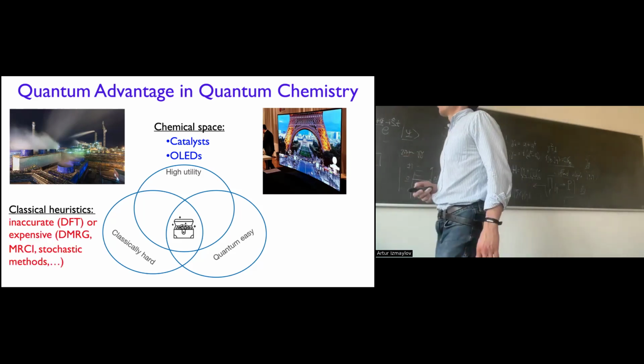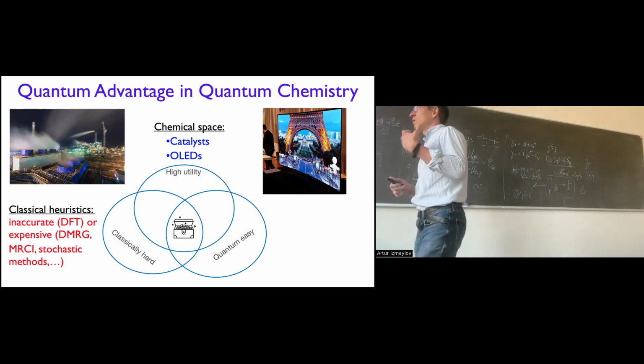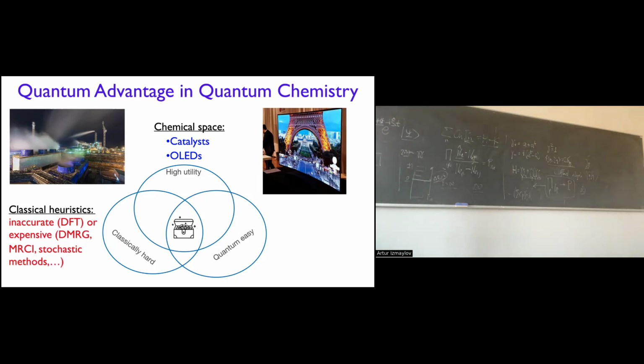Also, it's important not to repeat things that are done well by classical calculations. So it would be nice to understand where the limits of the classical methods are. If someone gives you a Hamiltonian, can we say, all right, this Hamiltonian will be difficult for DMRG or will have a large bond dimension, or for multi-reference CI, the other methods.